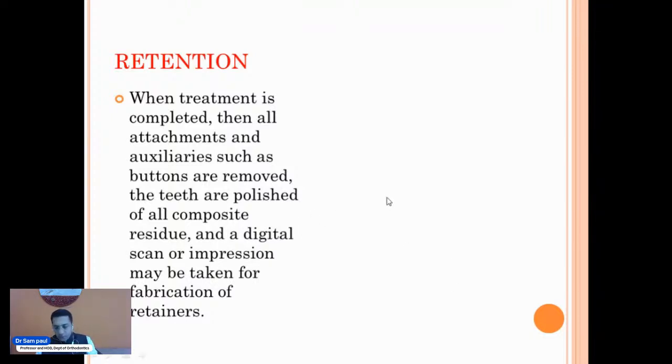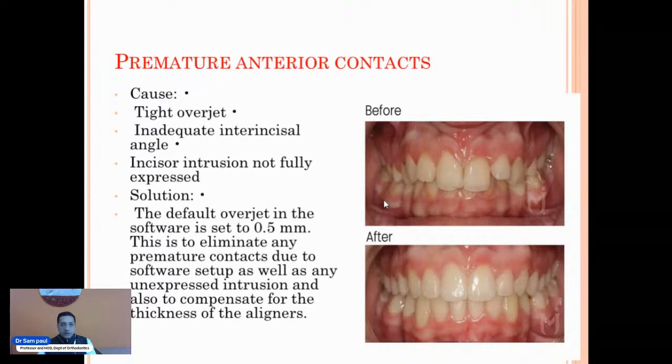So you have to follow a proper retention protocol. What I give is a fixed lingual retainer for all the patients when I complete the aligner treatment, so that even if the patient is not willing or doesn't wear the retainer, it still won't hamper the treatment results at all.